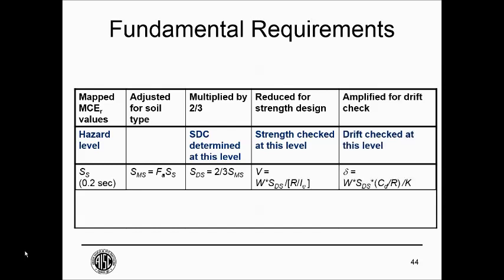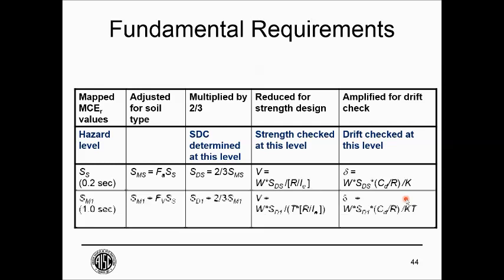And for displacements, we get rid of the I factor and put in the C sub D factor. And so it ends up being a function of the spectrum, C sub D over R, and the stiffness of the structure. Similar equations here, just looking at the 1-second period response and the period-dependent response with the factor dividing by T there.